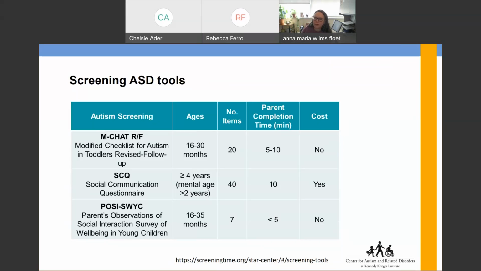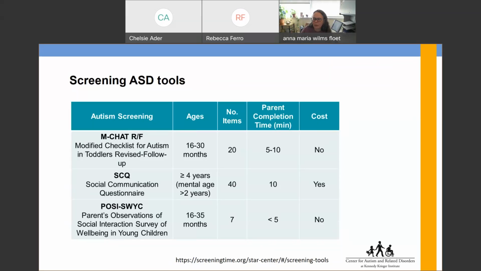What we are learning, though, from research on the use of the tool and its implication, is that it's actually far from perfectly identifying children. So we are in need of better screening tools, and there's lots of research going on in use of better screening tools. So stay tuned on those.